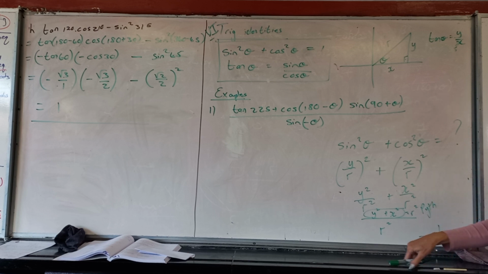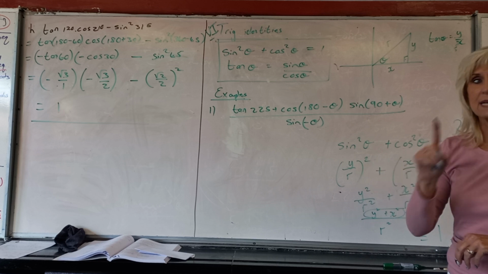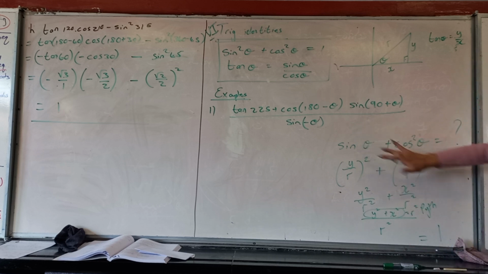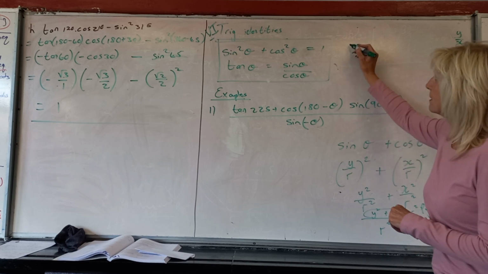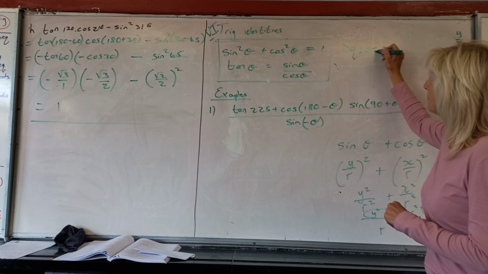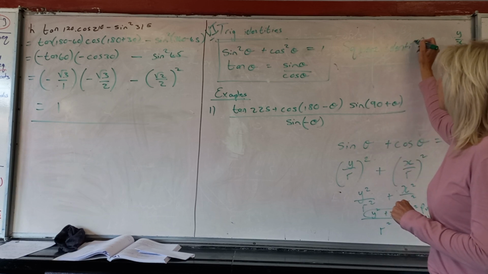Okay, so from now on you must know that, but does it work for sin and cos? No. It has to be squared. So we call them the square identity. Nobody's going to ask you that.